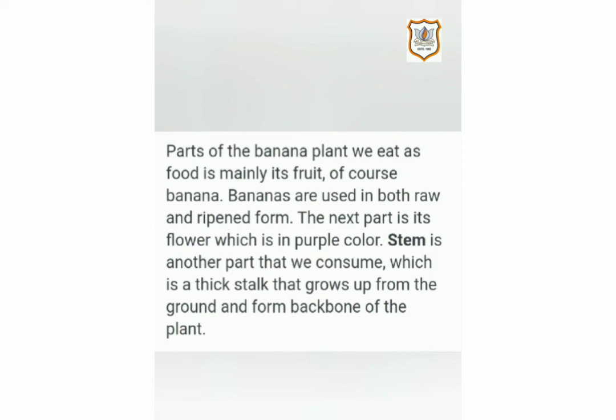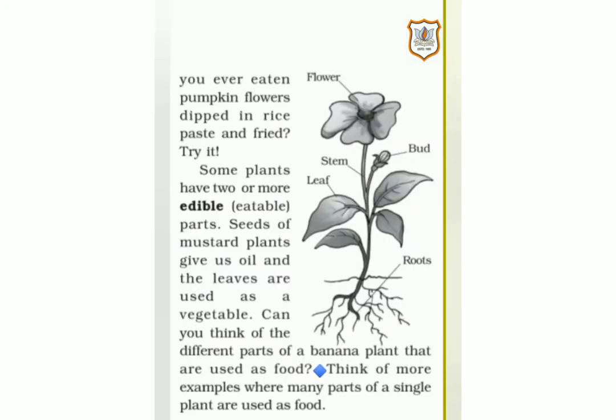So, other than eating banana as a fruit, we also eat its flower and stem. Think of more examples where many parts of a single plant are used as food.